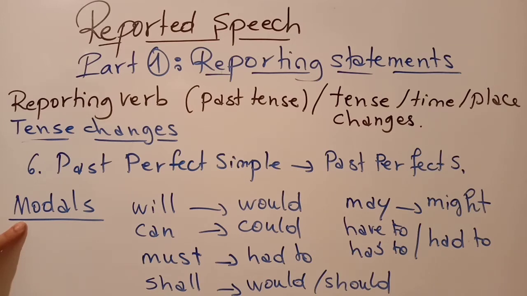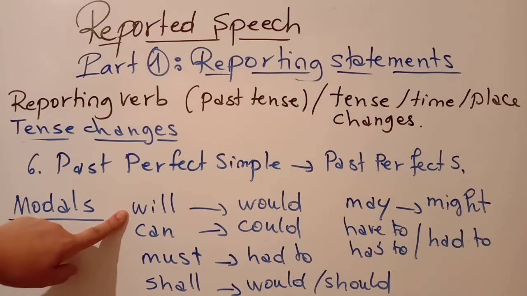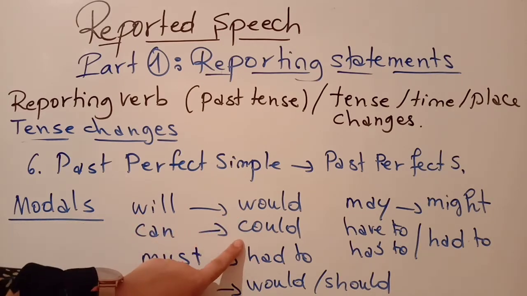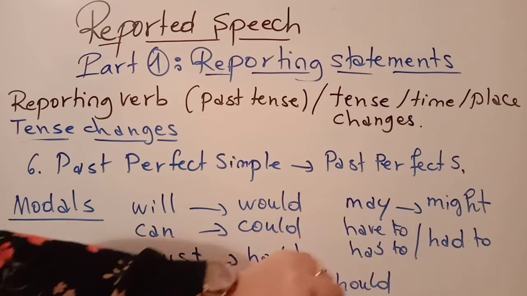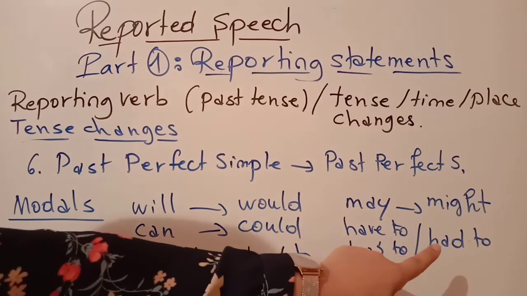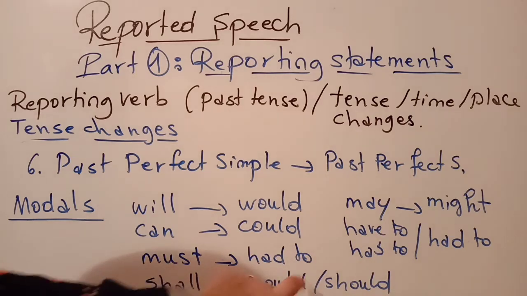For modals in reported speech, we provide the past form. If you have "will" in the direct speech, it becomes "would." "Can," "could." "May," "might." "Have to" or "has to" becomes "had to." For "must," there is a change: "must" becomes "had to."